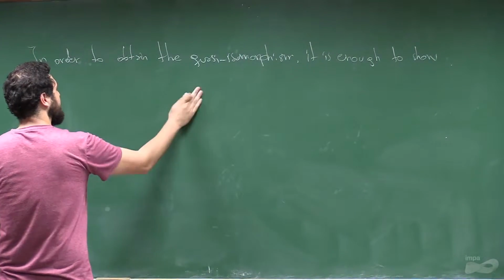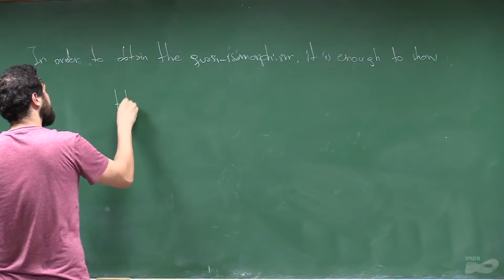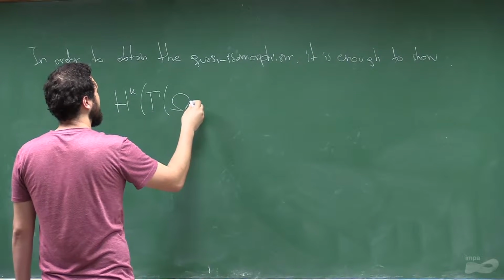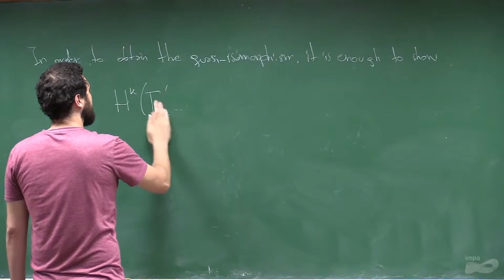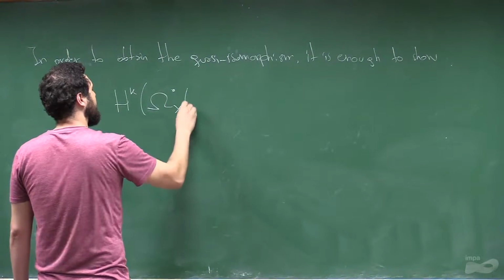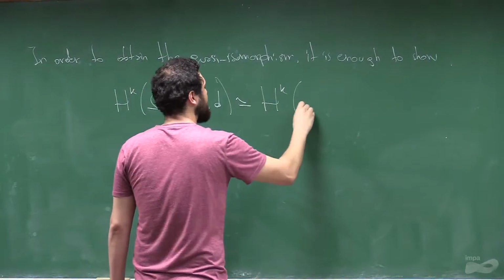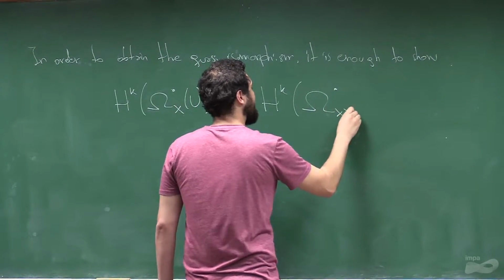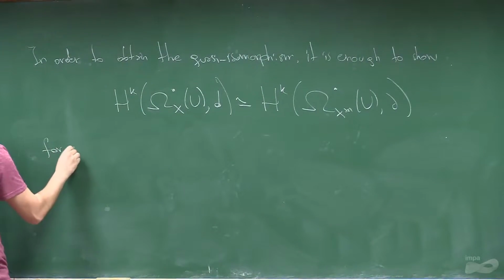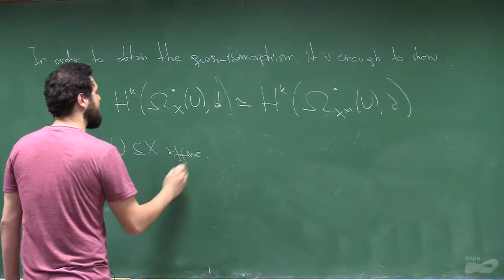So it is enough to show that for affine open sets, the cohomology of the global sections we have here are isomorphisms for every U affine, right?